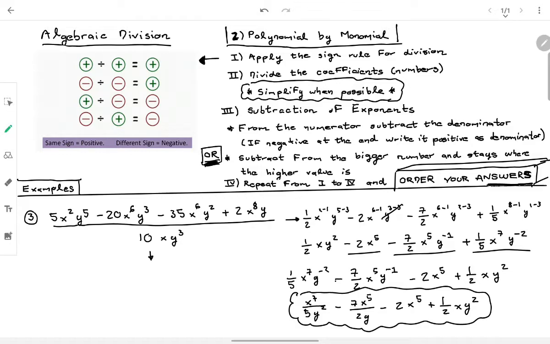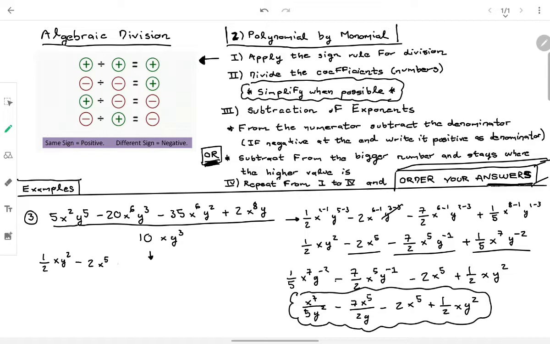Maybe if we are familiar with doing this kind of exercise, we can do it from the beginning, like 5/10, it's going to be 1/2. Then it's going to be x y squared minus, it's going to be 2, that it's going to be x to the 5th.